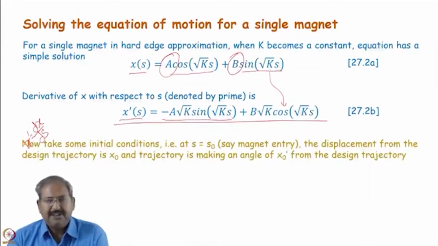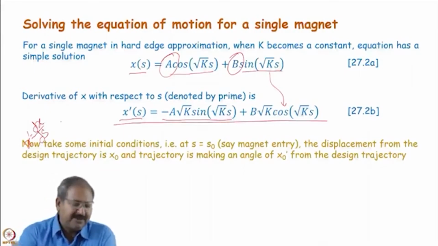Now at the initial point, we can consider the beginning point of the magnet, where s is equal to s0.